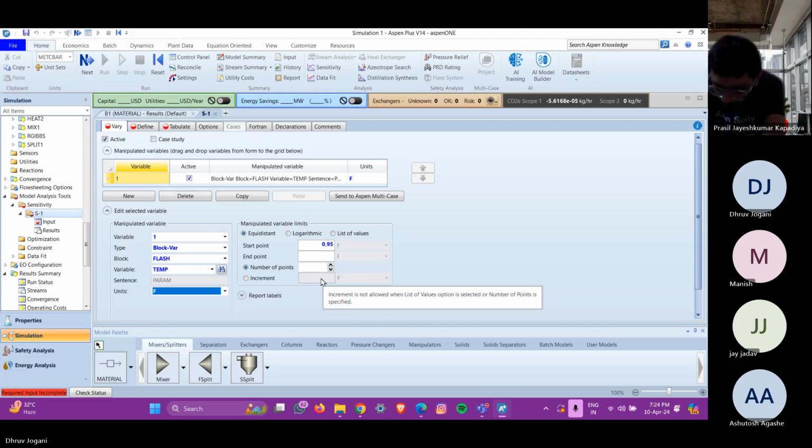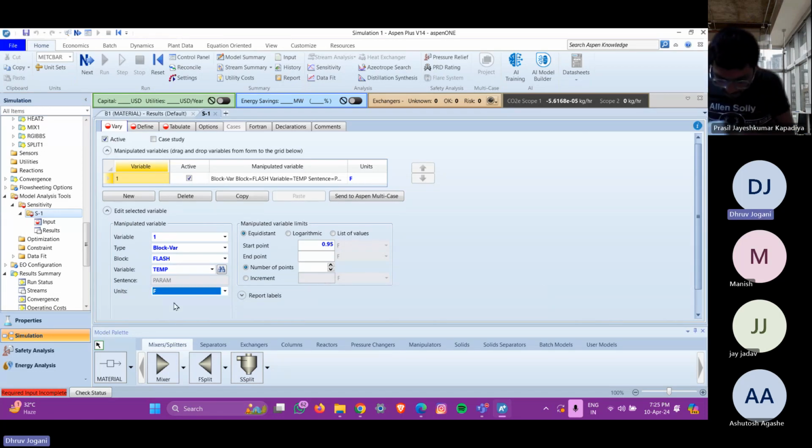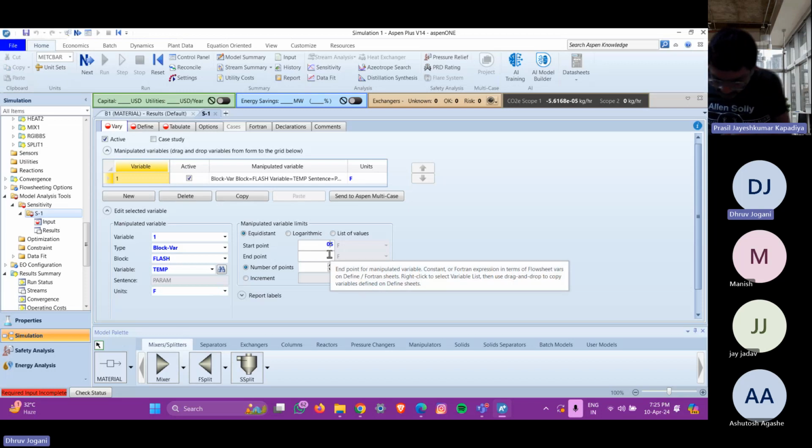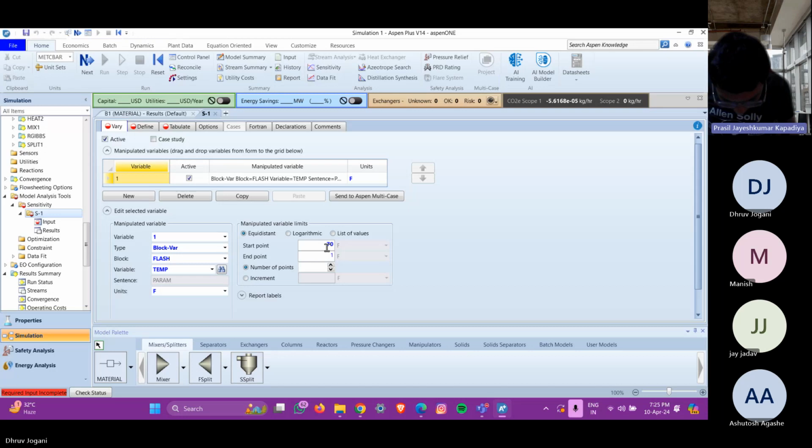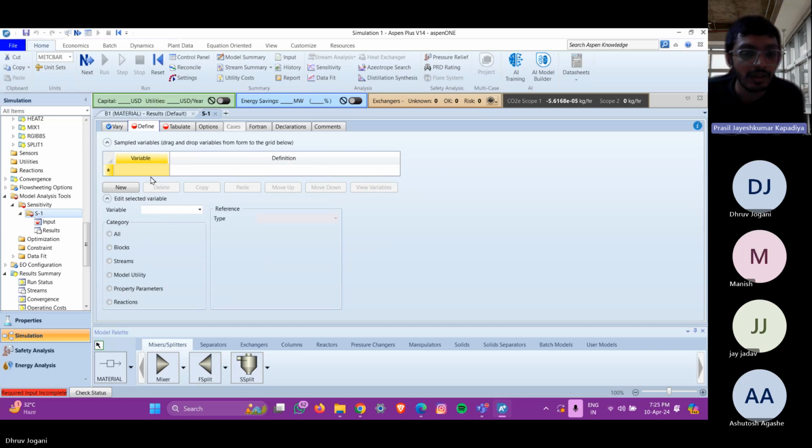What is the temperature? Sir, 80 degrees Fahrenheit. We can just vary it between 70 and 100, I guess. And an increment of 1. Okay, increment of one is fine. Then let's go to define. Define means what we want to see.